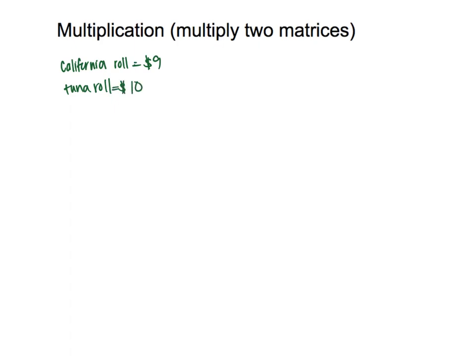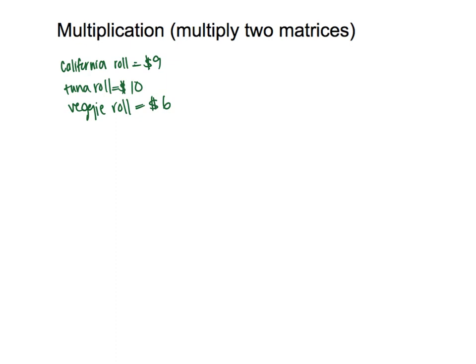And then veggie rolls cost $6, I believe. Yep. And so I'm going to use these prices to multiply my quantity because I want to know how much money I made.